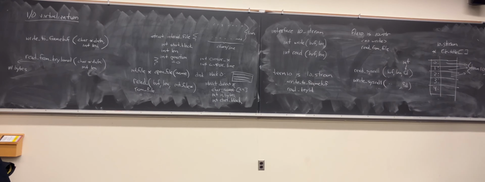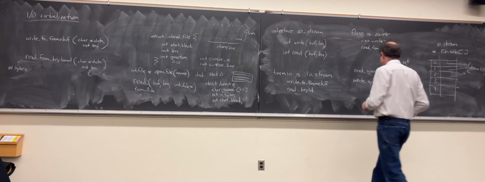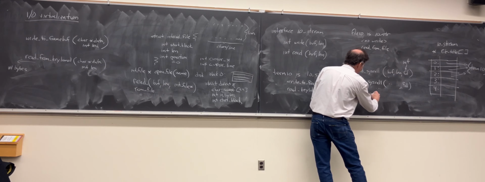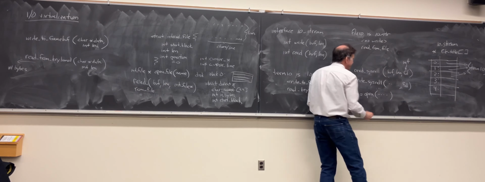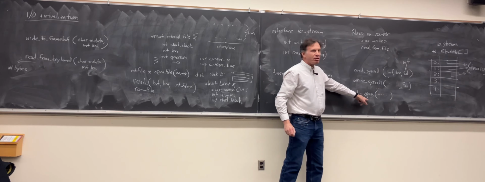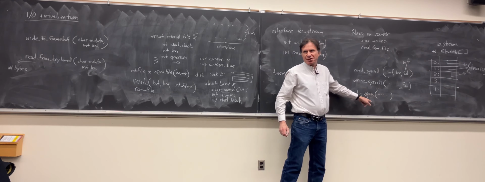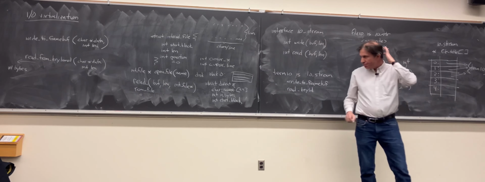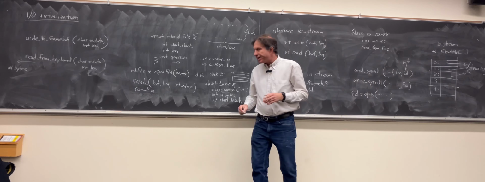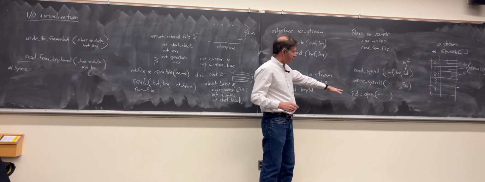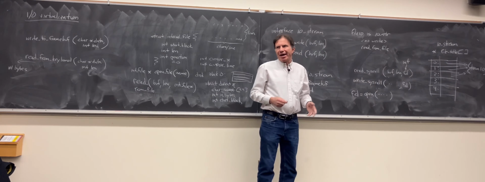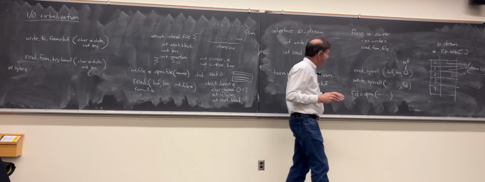Now, if we open a file, and note that this is using the low-level open call. This is the system call. It gives you back an integer file descriptor that you can't use with any of those fprintf functions or anything.